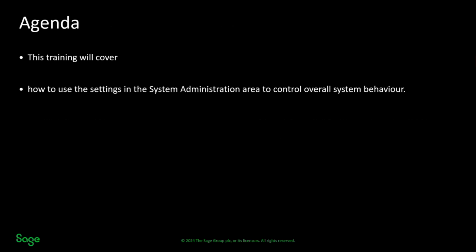So in this particular session, I want to cover the knowledge needed to understand how to use the settings in the system administration area to control the overall system behavior. And this, coupled with the lesson on general settings, is something that you'll see really quite dramatic changes inside the product.